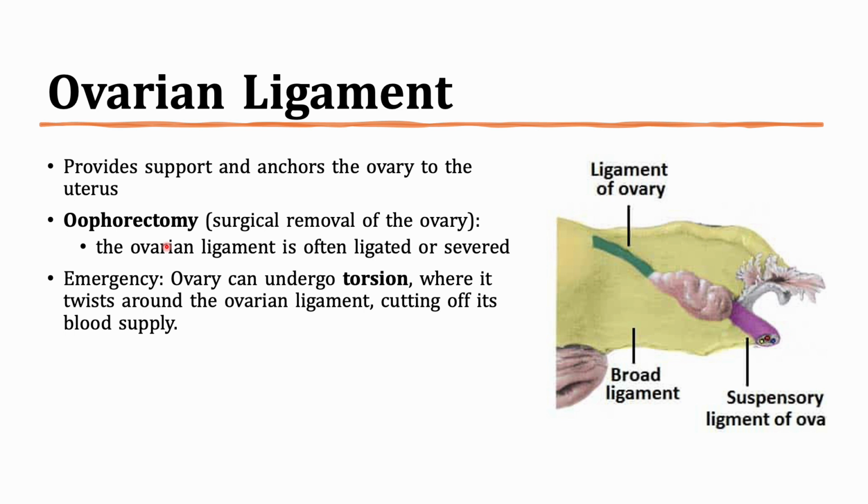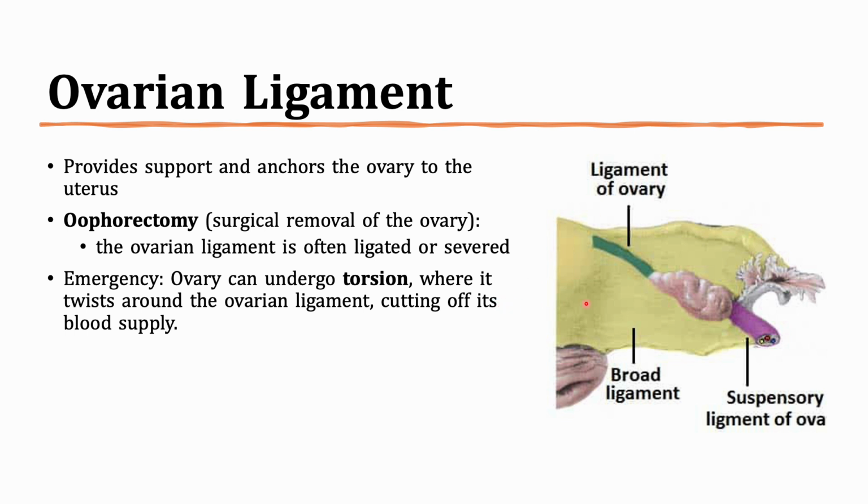So now we're going to talk about the ligament of the ovary. I would not call it the ovarian ligament, because anatomically it is the ligament of the ovary, so my apologies. It provides support and anchors the ovary to the uterus. When patients have to go through an oophorectomy, which is literally the surgical removal of the ovary, the ligament of the ovary is ligated and severed.